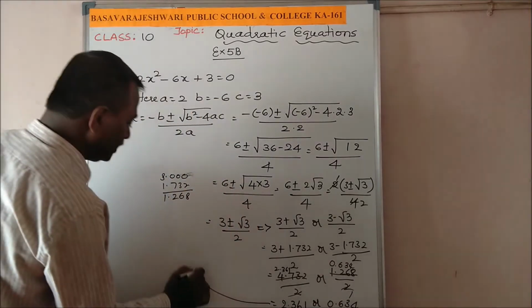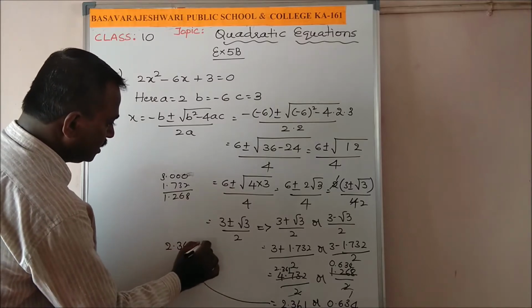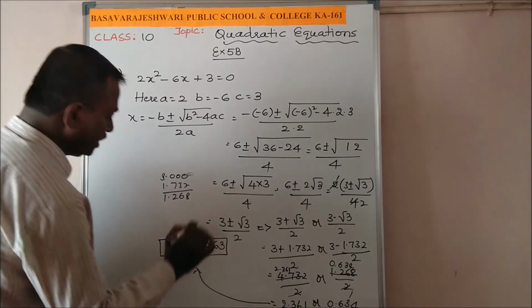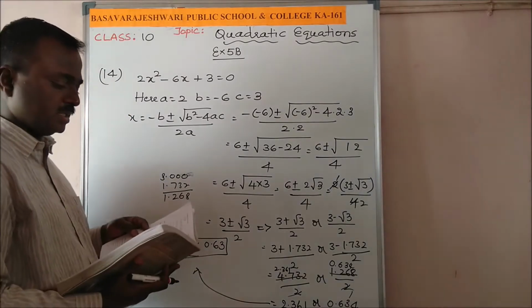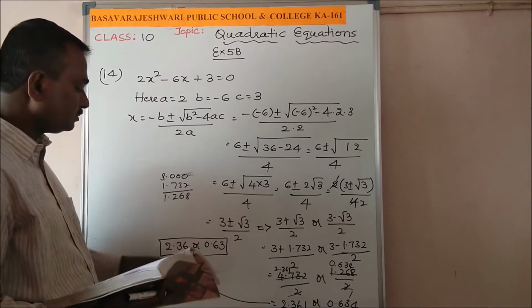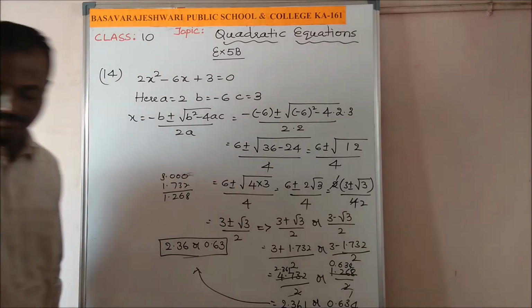So in round figures we can say 2.36 or 0.63. So these are the roots of the equation, 2.36 or 0.63. Okay? So note down this sum.